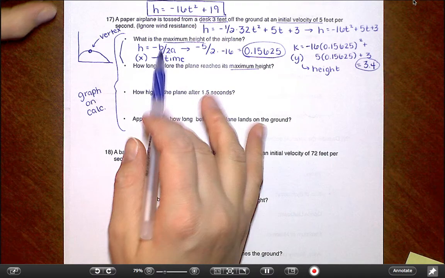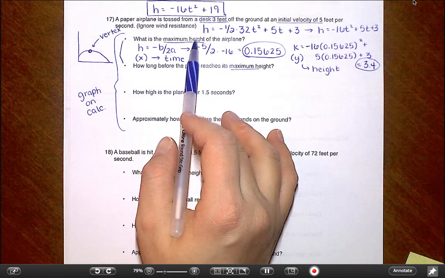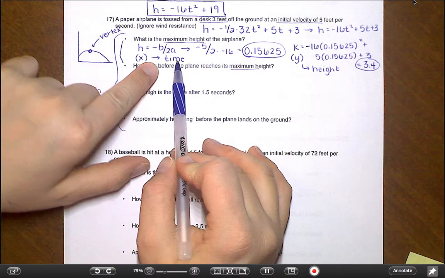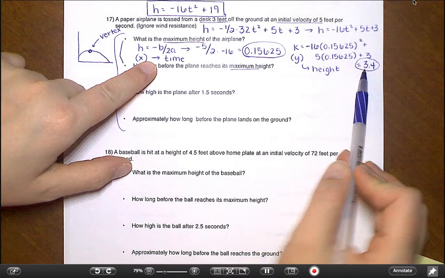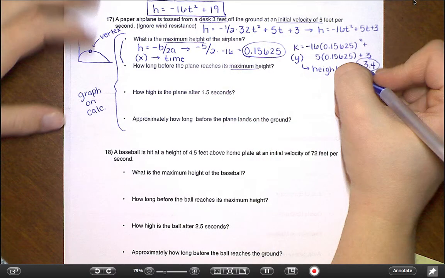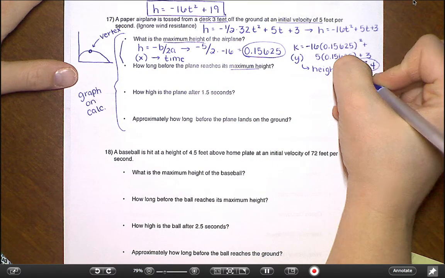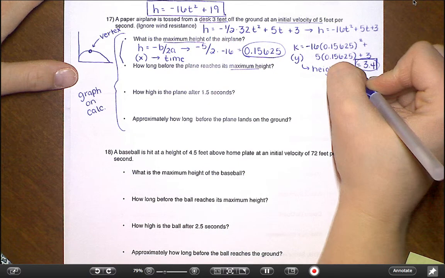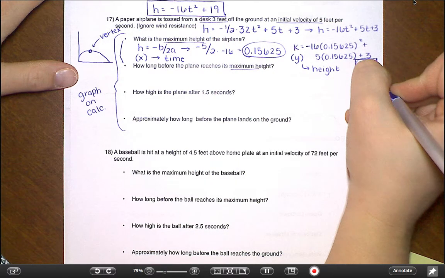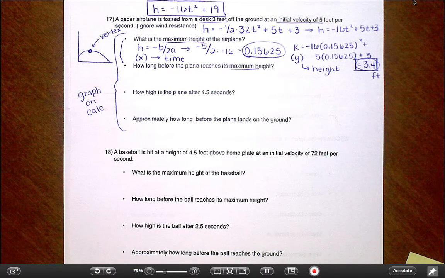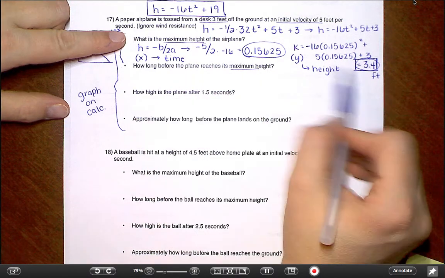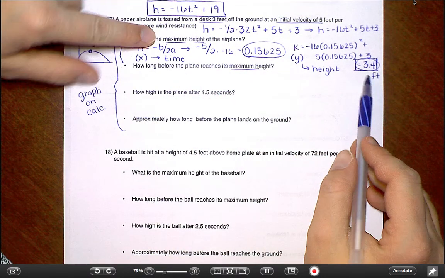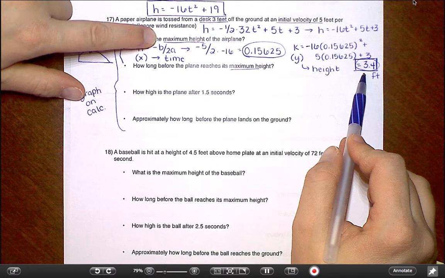So when I ask what is the maximum height, you have to ask yourself, am I looking for a time or a height? In this one, I'm looking for the height. So my final answer is 3.4 feet. I should have labeled that. 3.4 feet off the ground is the maximum height that this paper airplane is going to go.